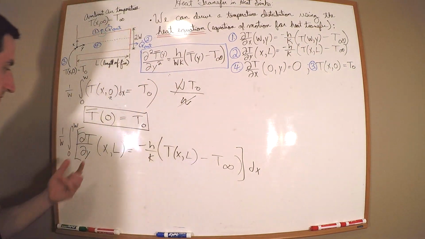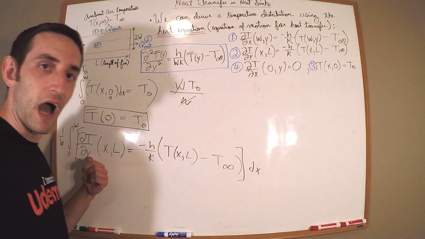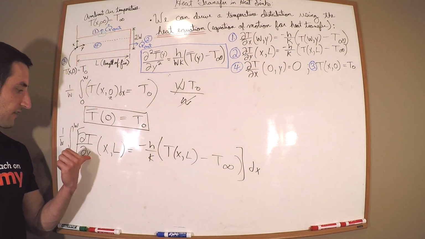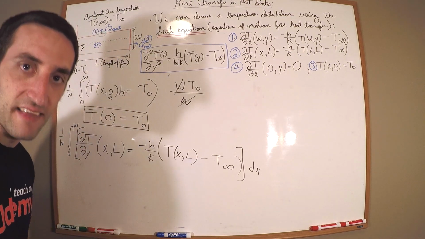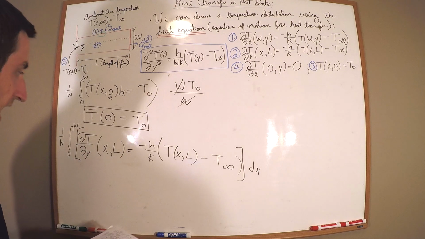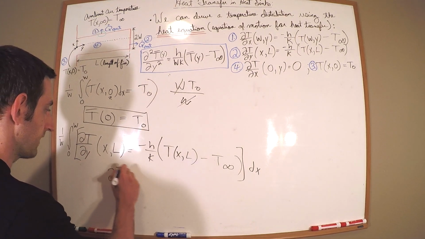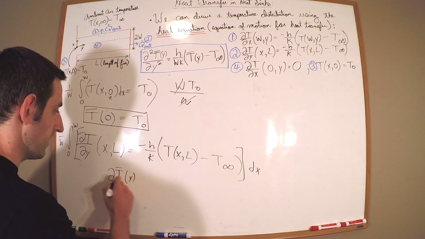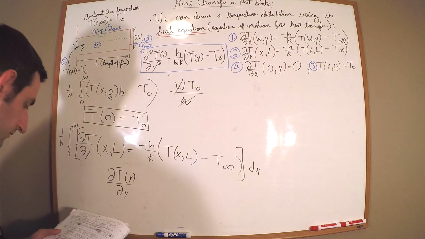And what's nice is this is like that second derivative we had in terms of y, right? It's not dependent upon x. So you just literally maintain that derivative and it turns into the average. So what we end up with for the left side is the average temperature, derivative with respect to y.